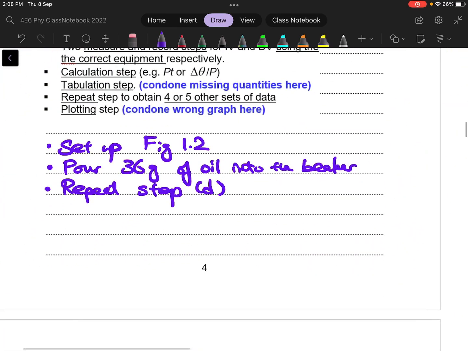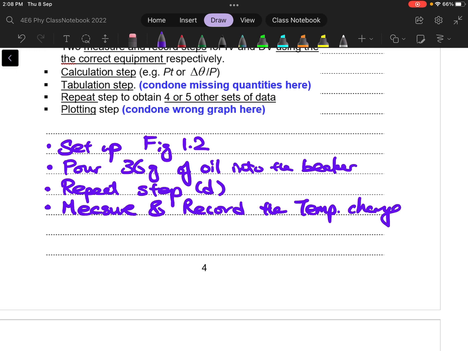Oh, I want to heat it up, right? Step D. So I want to repeat step D, and when I repeat step D, I will measure and record the temperature change as delta theta using thermometer.